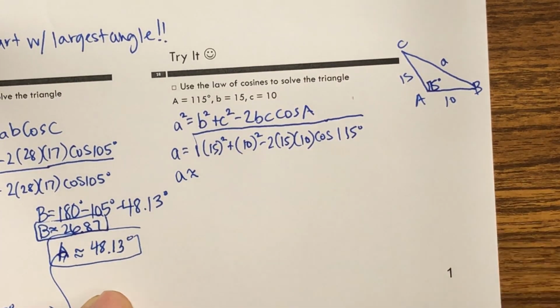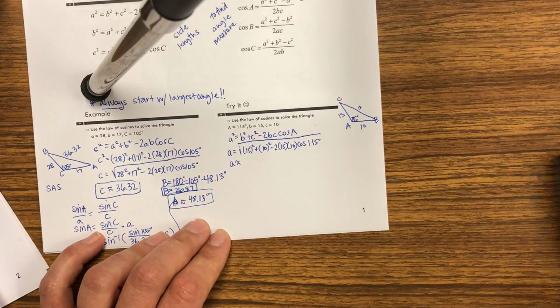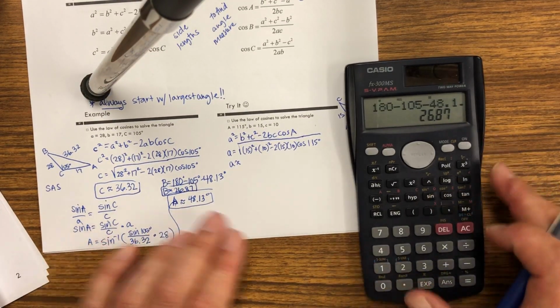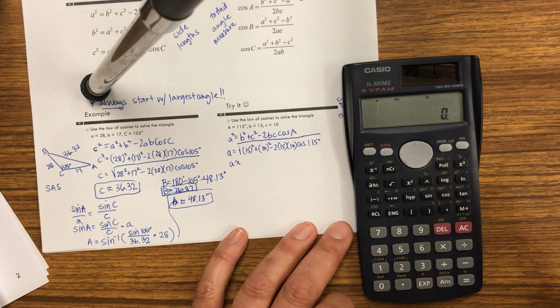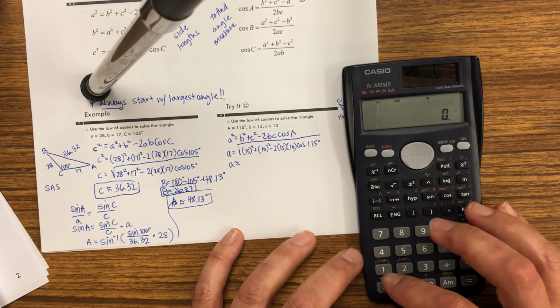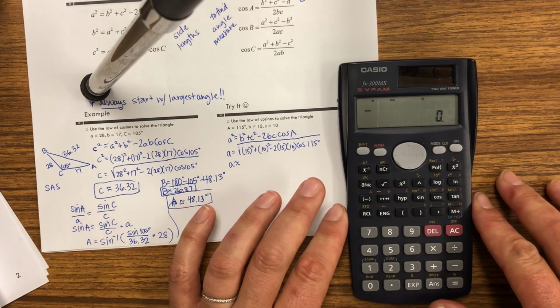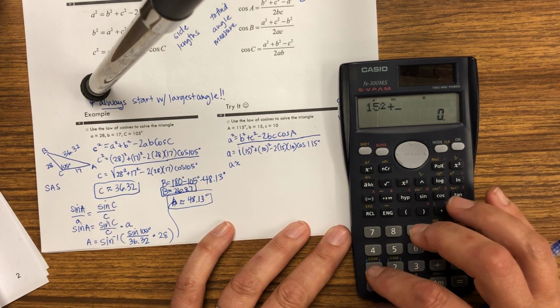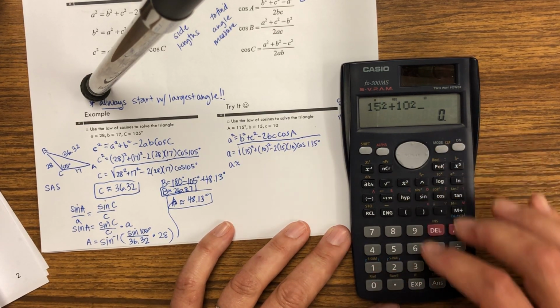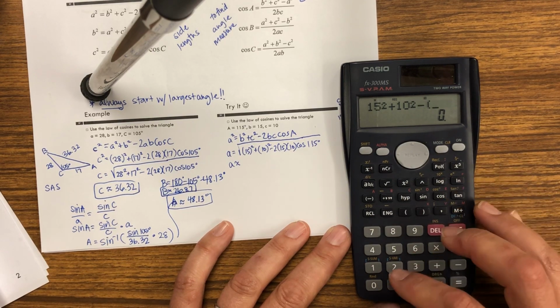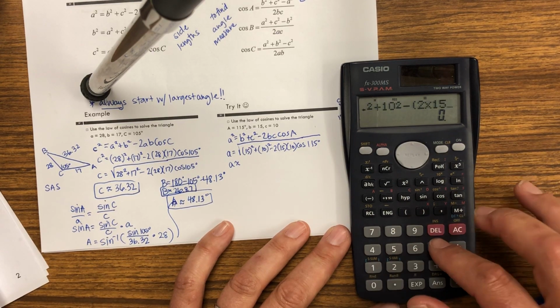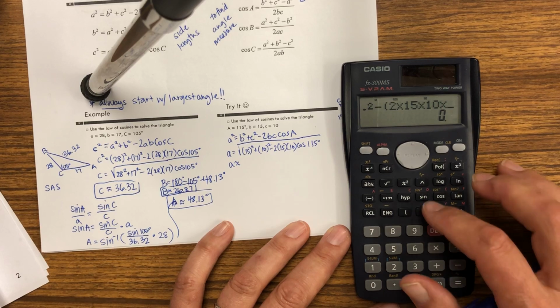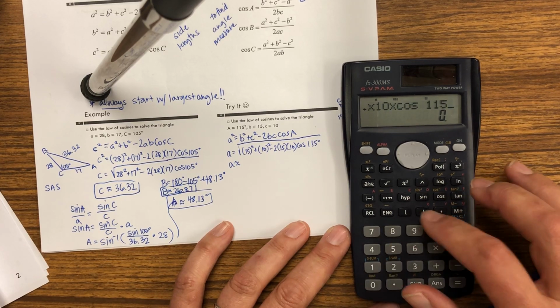And so now it's going to be calculator time, and again, I will let you see my calculator work. I'm going to do the square root at the very end. I'm going to do the insides, and then I'll do that. 15 squared plus 10 squared minus parentheses 2 times 15 times 10 times cosine of 115.